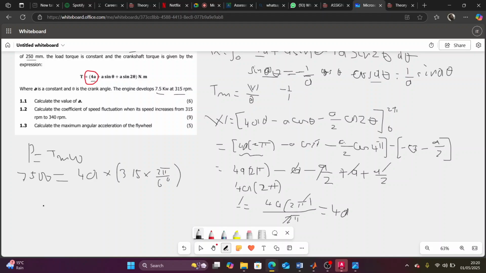Now, can we make A subject of the formula? What are we going to have here if we make A subject of the formula?